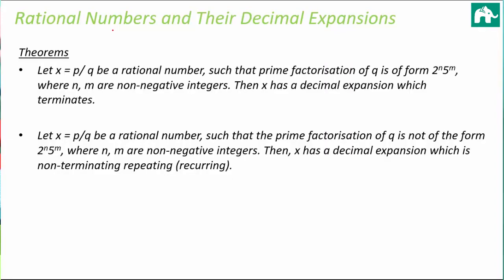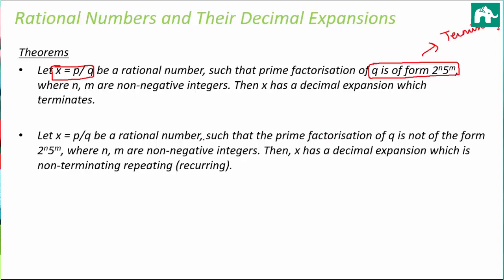Just two simple things that you need to remember. Let us suppose you are given a rational number in the form of p by q. Looking at that rational number, you have to tell whether its decimal expansion will be a terminating one or a non-terminating one. Now, if q is of the form 2 to the power n, 5 to the power m, that means this is going to be a terminating decimal.